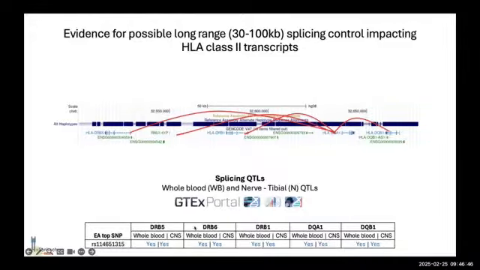We have the class 2 genes here, and in whole blood and in CNS, all of these have strong splicing activity across this region, which suggests possibly another level at which class 2 genes could be impacting risk of MS, not just through the function of the protein, but also what's happening in terms of alternative splicing composition during the expression process.